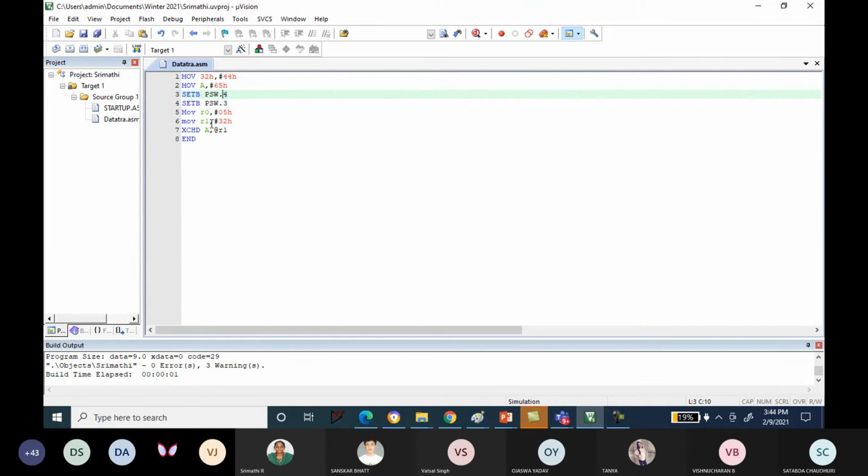What is the value of R1? 32H, and it is a data pointer. @R1 means whatever 32 is pointing to in R1, that value will be exchanged here. What is in the 32 memory location? 44H. Now I hope you remember all this. Am I right? Yes, ma'am. Now I execute this.